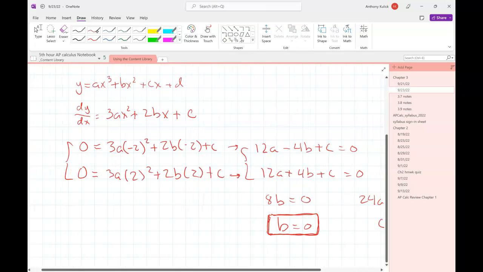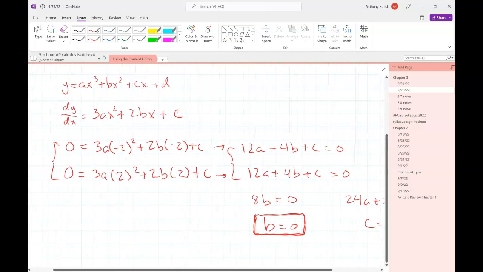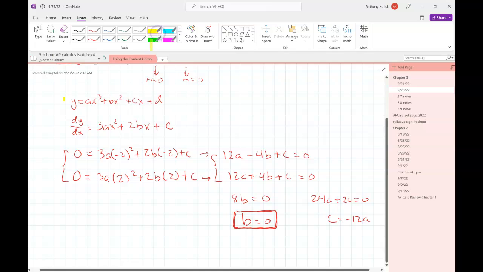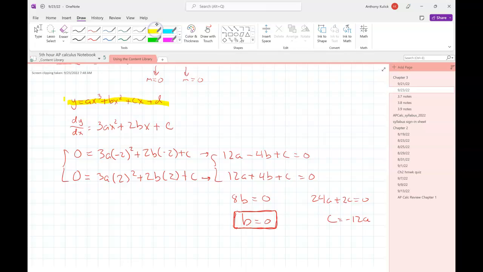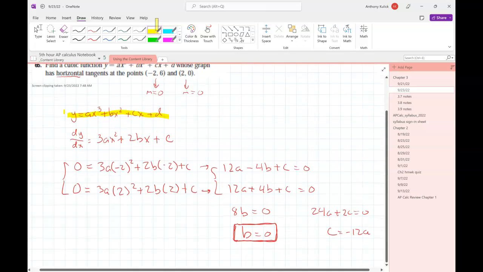Okay. I can also, if I go back to the original equation, use these 2 points to create another system.